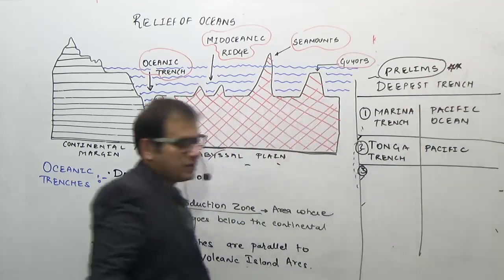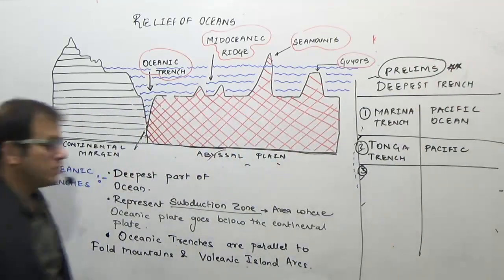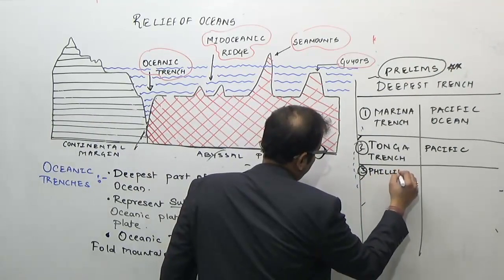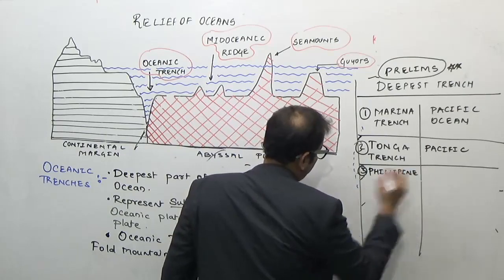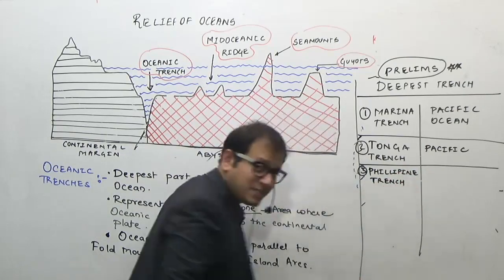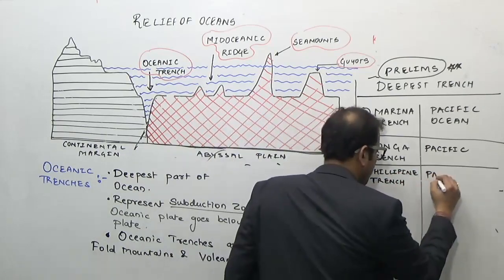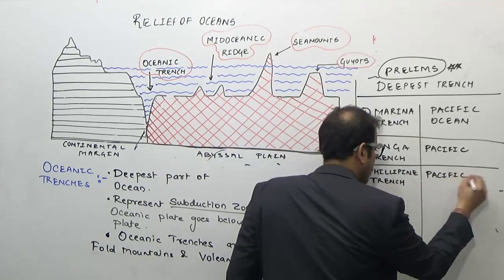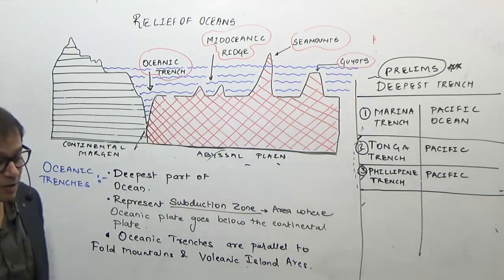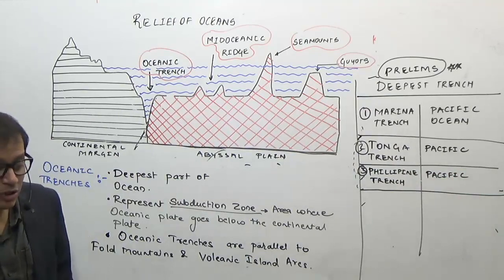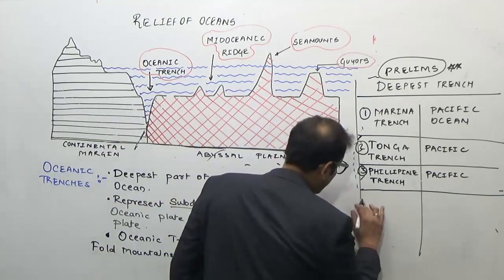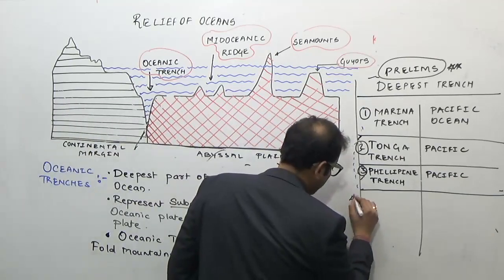Where is the Philippines? Again in the Pacific Ocean region. The fourth important trench is the Kuril or Kamchatka Trench.